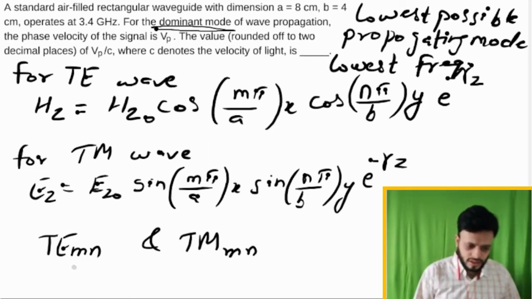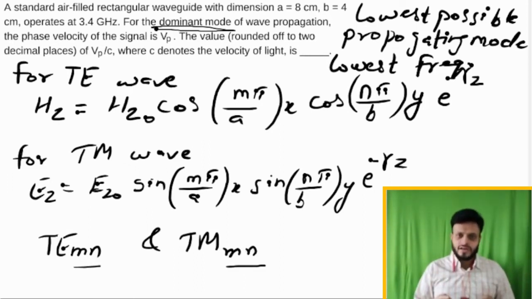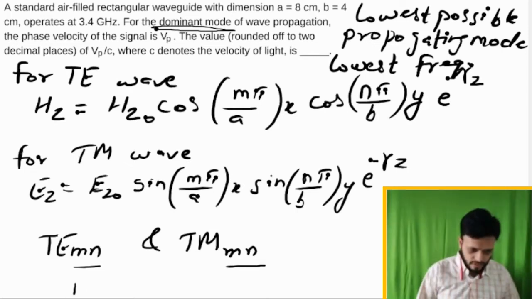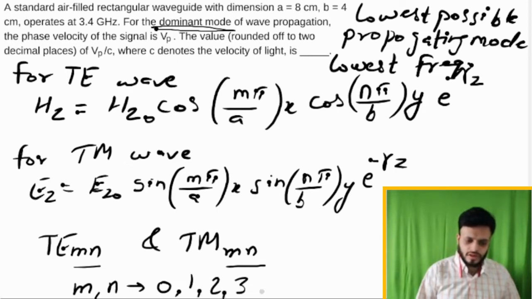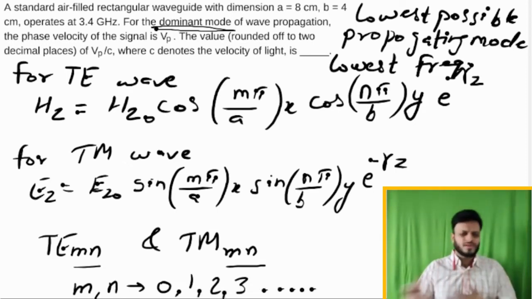Here m and n are integers which can take values 0, 1, 2, 3 and so on.